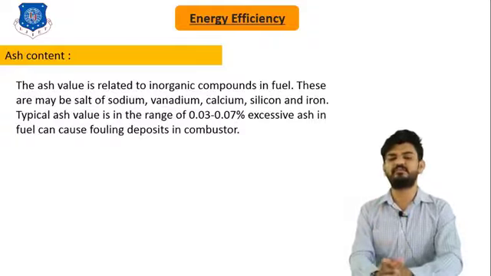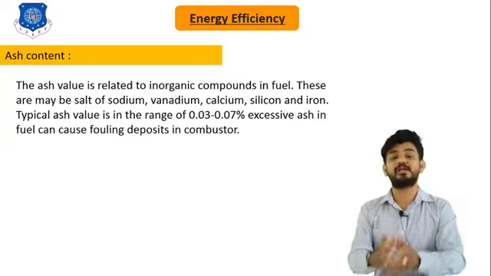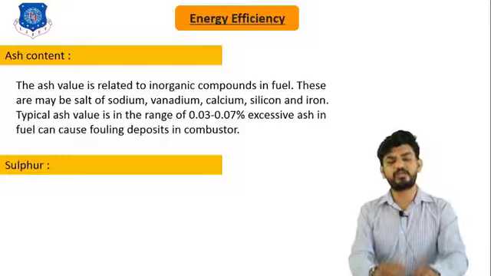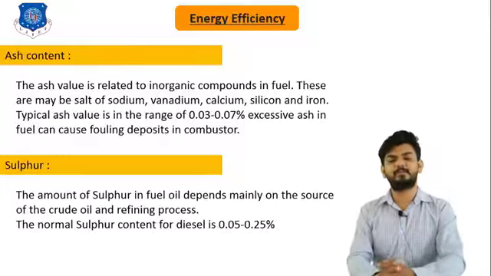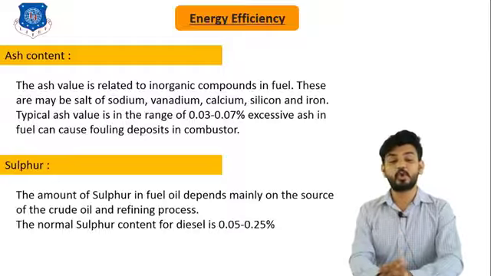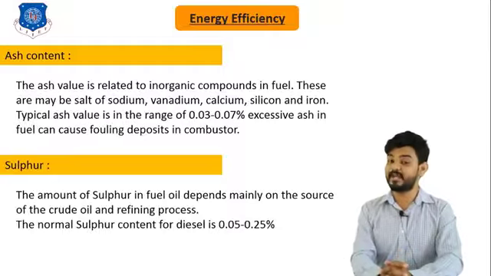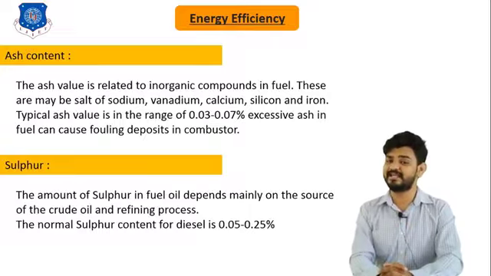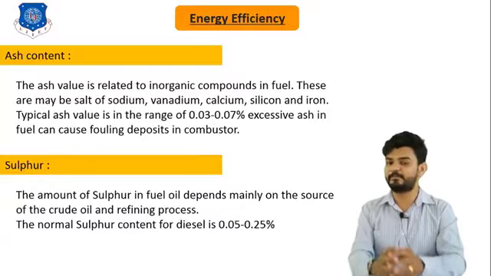Excessive ash in the fuel can cause fouling and deterioration of the combustor. Now the next property of fuel is the sulfur content. The amount of sulfur in fuel depends mainly on the source of crude oil and the refining process. The normal sulfur content of diesel is around 0.05 to 0.25%.